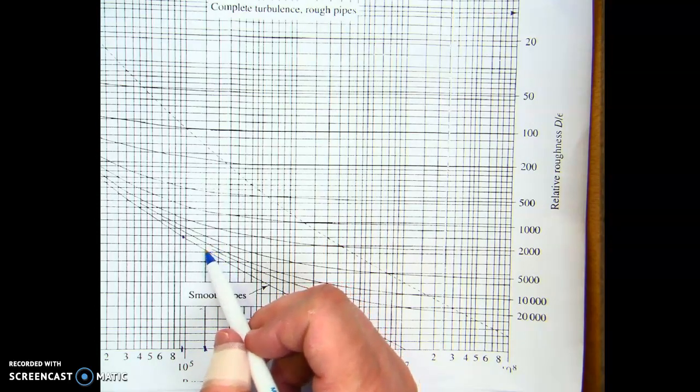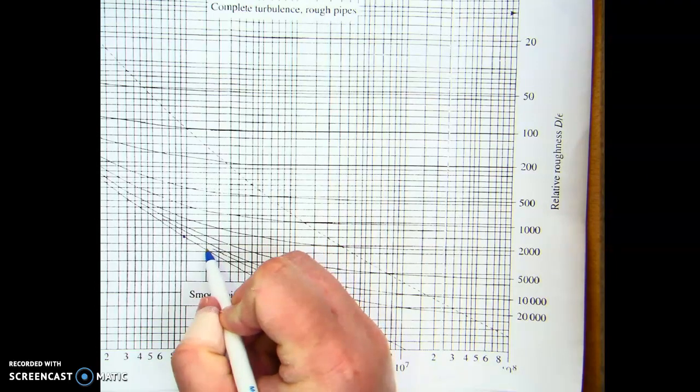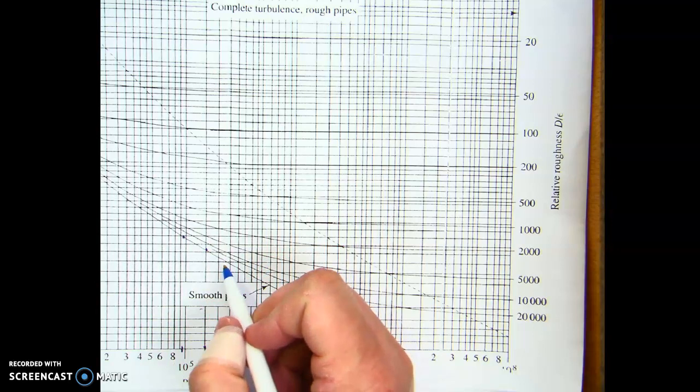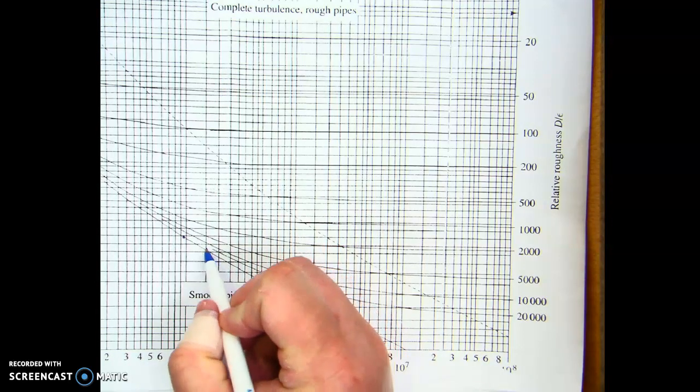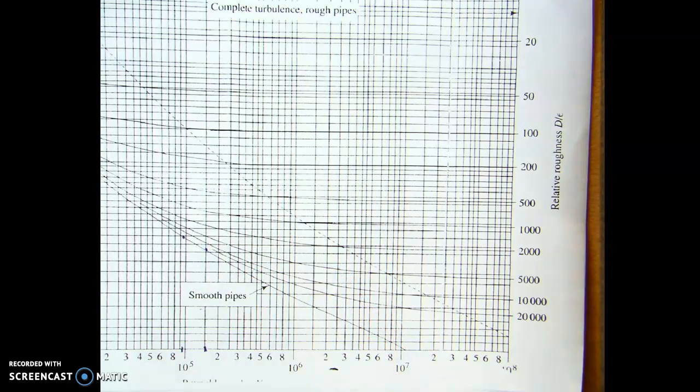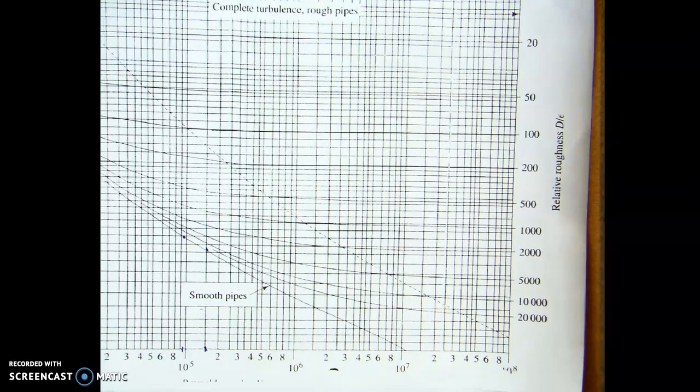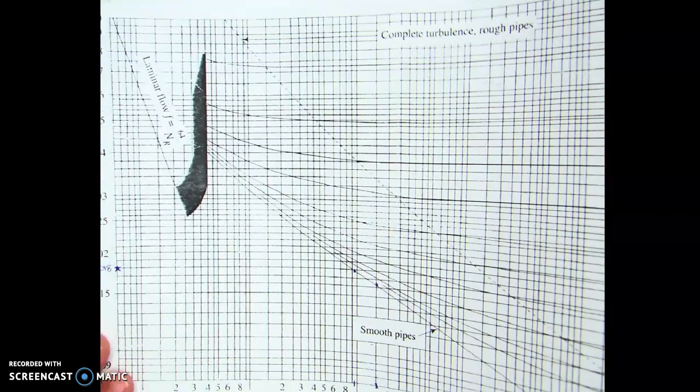65,000 is a lot bigger than 20,000 as well, so we're effectively right on the smooth pipe line, maybe just a hair above it. So that's where I'm going to plot. So don't be frightened by the fact there's no 65,000. It just means that we're really converging hard onto that smooth pipeline.